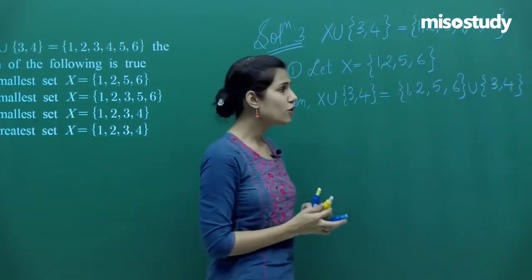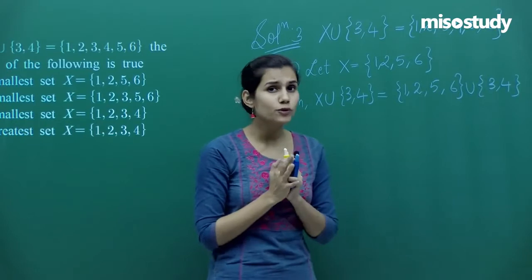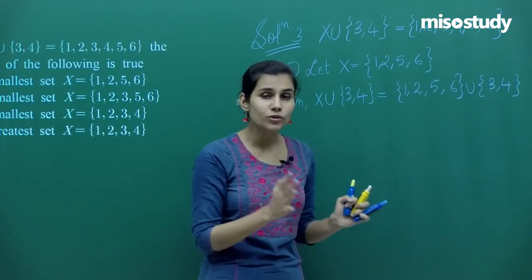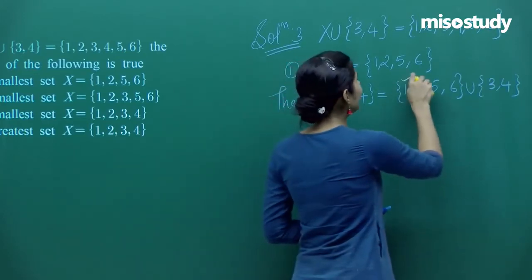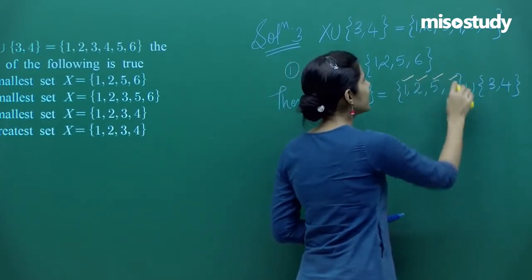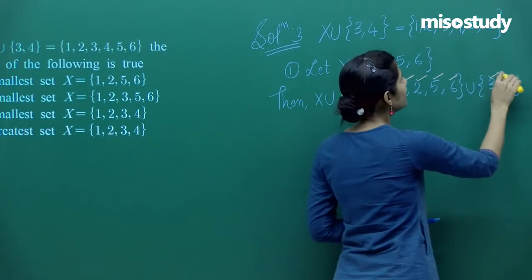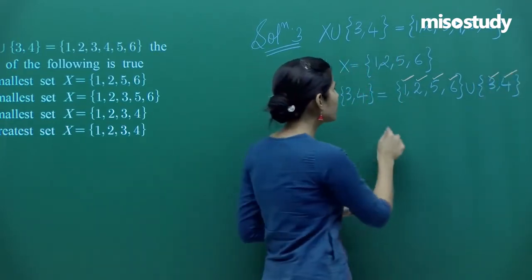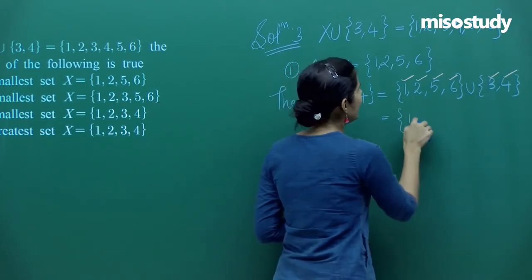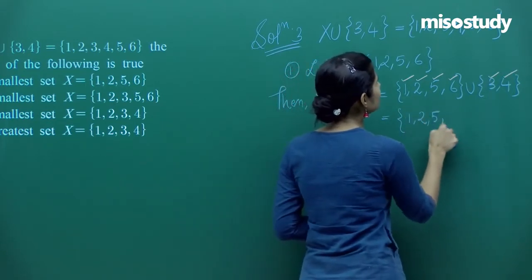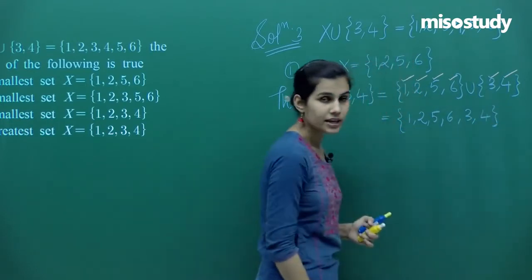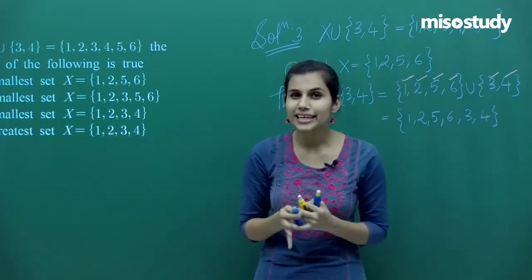When you take the union of two sets, you just have to collect the distinct members in total and put them down in the union. 1, 2, 5, 6, in fact 3, 4. All the members in total are distinct. Just put them all inside one set and you obtain 1, 2, 5, 6, 3 and 4. Which is the set already given to you?